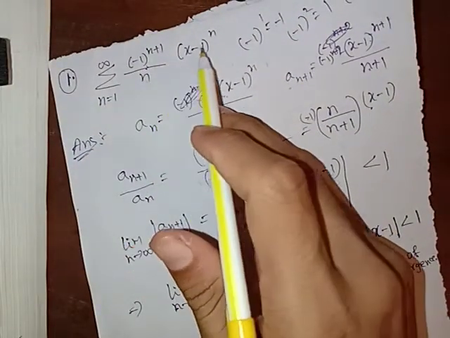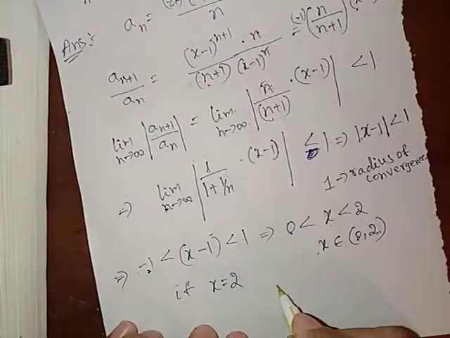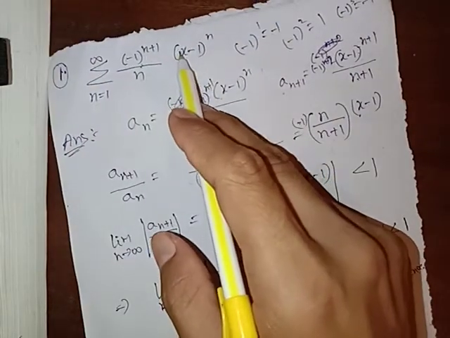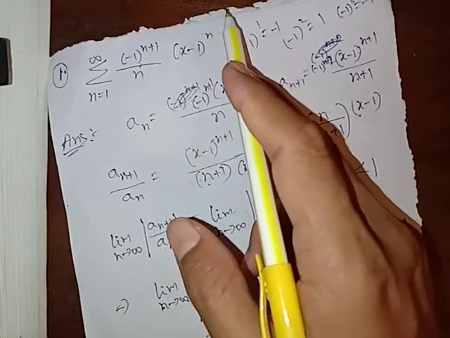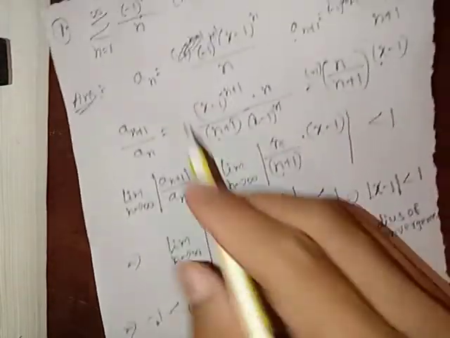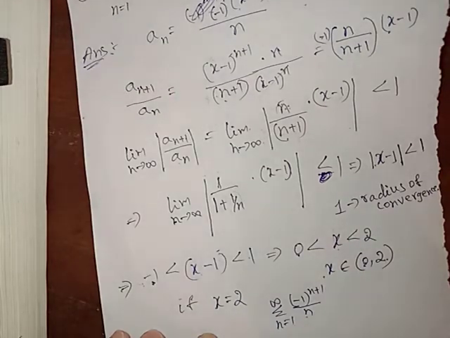In this series, n is equal to 1 to infinity, if x is equal to 2, 2 minus 1 is 1, and 1 raised to n is always 1. So the series becomes the sum of minus 1 raised to n plus 1 divided by n.